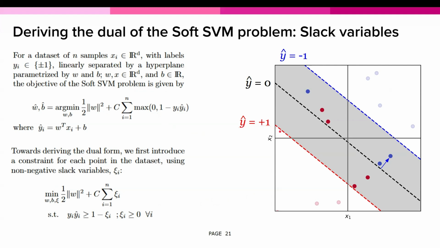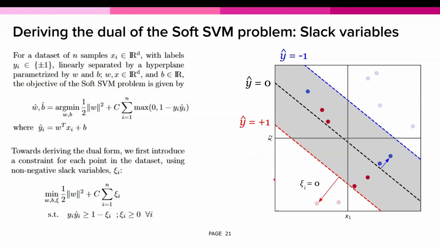Let's consider one of these points near the soft SVM boundary. If the slack variable xi, that's how you pronounce this, xi, is equal to 0, then the point is correctly classified with a margin of at least 1, and lies on the correct side of both the hyperplane and the margin.